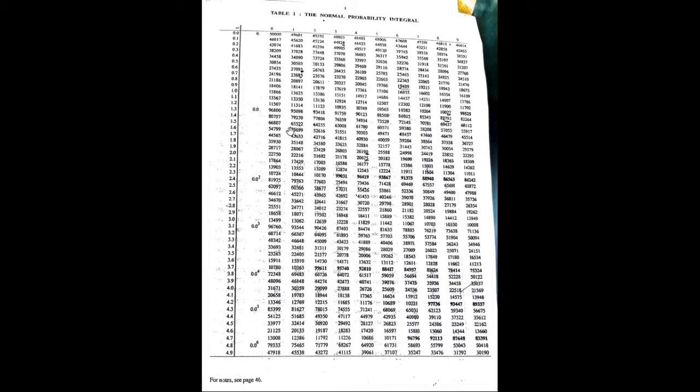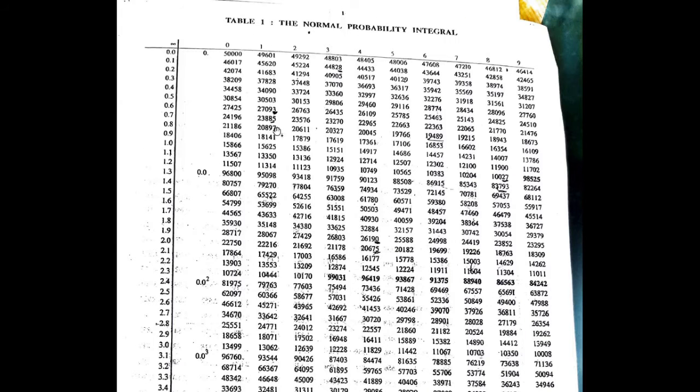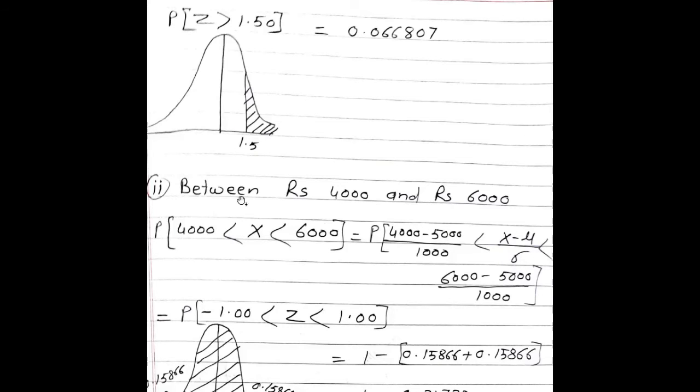See, 1.5 in the 0 column, the value is 0.066807. So this is the final answer.